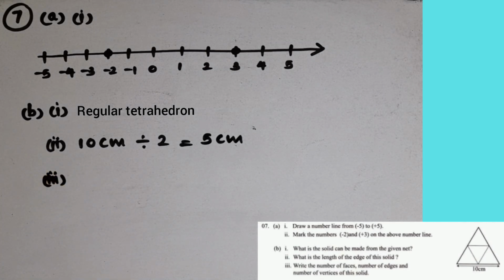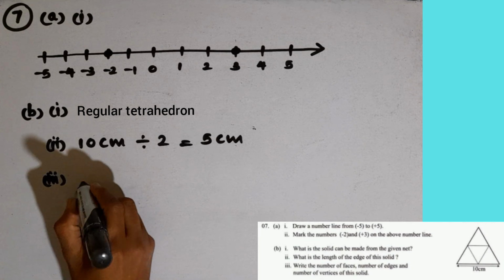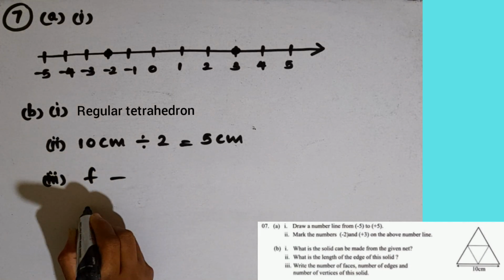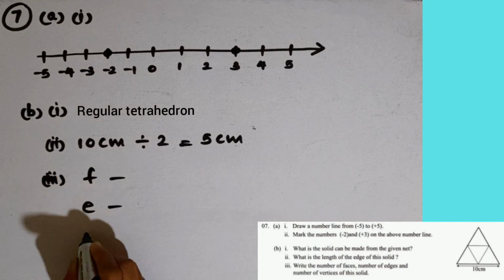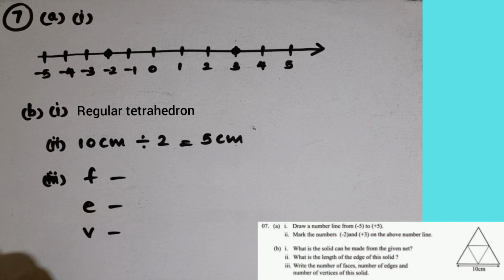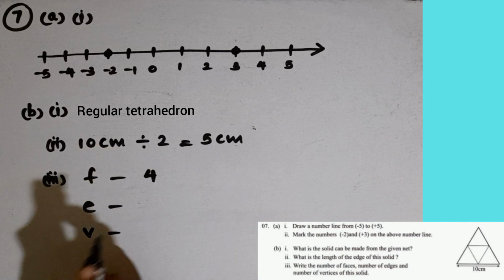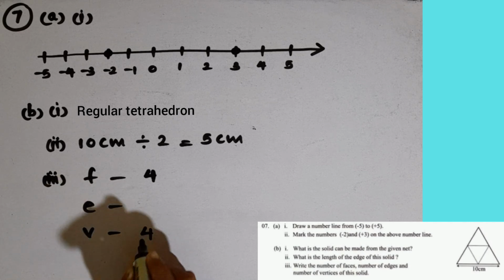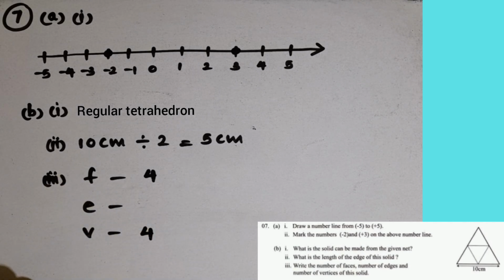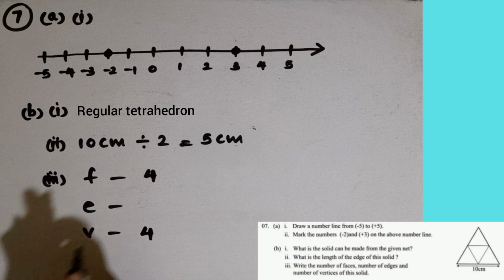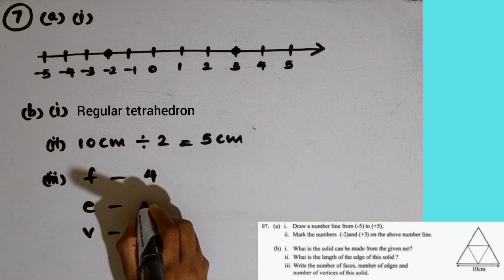Write the number of faces, number of edges and number of vertices of the solid. Number of faces is 4 here. Then number of vertices is also 4. Number of edges, it has 6 edges.